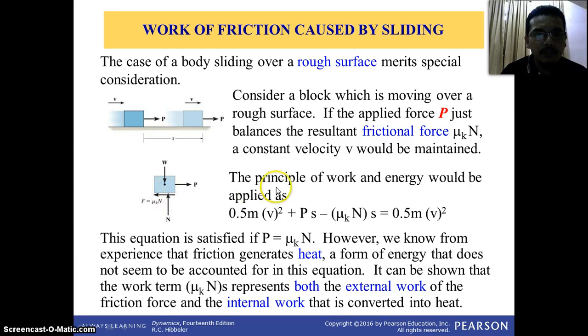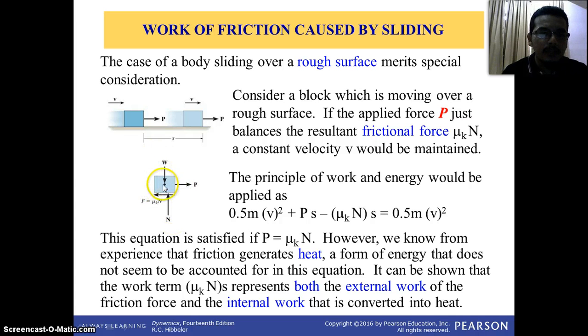So friction force multiplied by distance, equal to the final kinetic energy, half m v2 squared. This equation is satisfied if P is equal to mu k N. However, we know from experience that friction generates heat, a form of energy that does not seem to be accounted for in this equation. It can be shown that the work term mu k N represents both the external work of the friction force and internal work that is converted into heat. So we need to find the total work here.